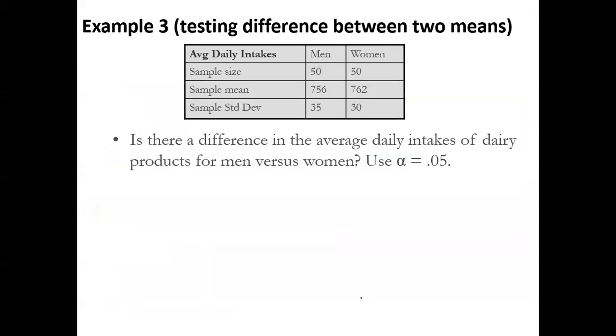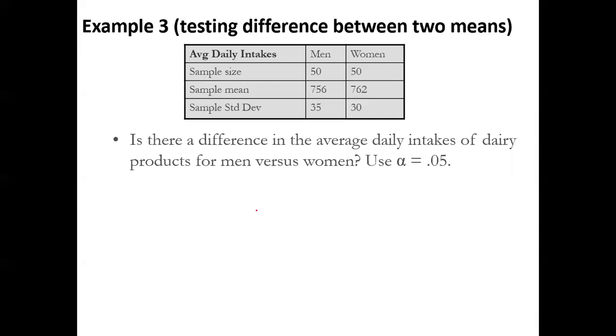Right, let's see the third example. Is there a difference in the average daily intakes of dairy product for men versus women? Use alpha equal to 0.05. What is the key point here?